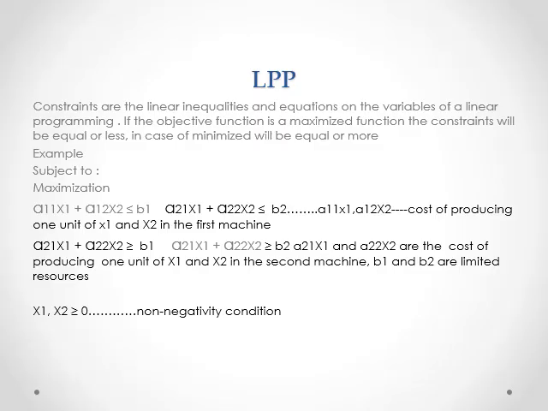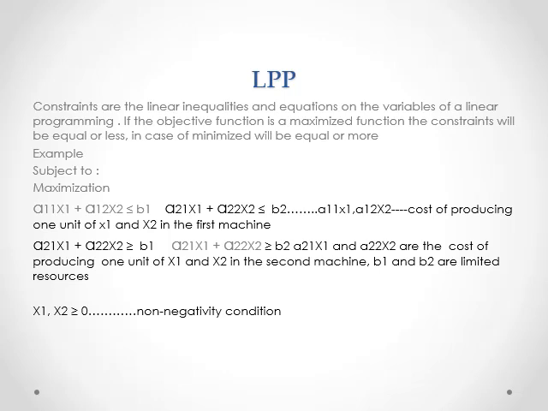The last component is the non-negativity condition: x1, x2 more or equal 0. This condition shows that it is either to produce or not to produce x1 or x2.